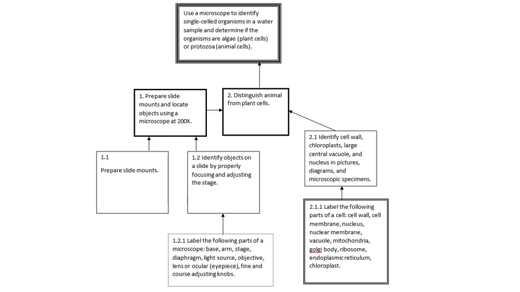You'll notice the subordinate skills for preparing a slide, goal step number 1, involve preparing the slide mounts and also being able to identify objects on the slide. And it's possible when you're communicating to students about using the microscope and the steps involved in identifying things under a microscope that you might need to have the students know about some specific parts of the microscope.